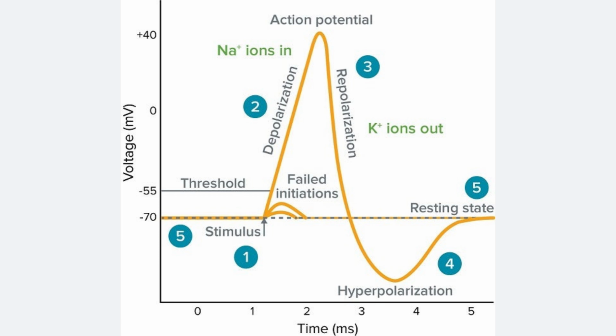At the peak of the action potential, which is often around plus 30 or plus 40 millivolts, the sodium channels begin to inactivate, or stop conducting, even though the membrane is still depolarized. The inactivation is really important for stopping the depolarization phase and initiating the next phase of the action potential.